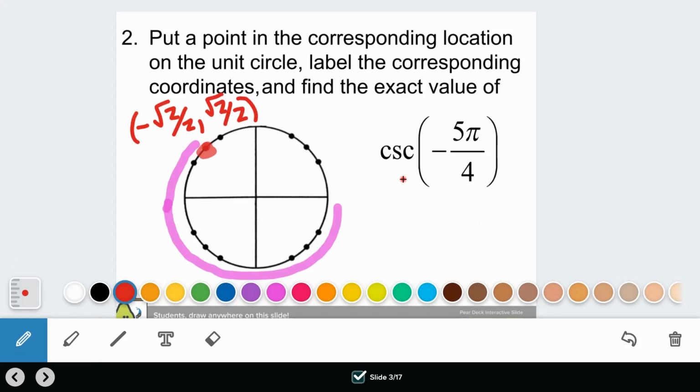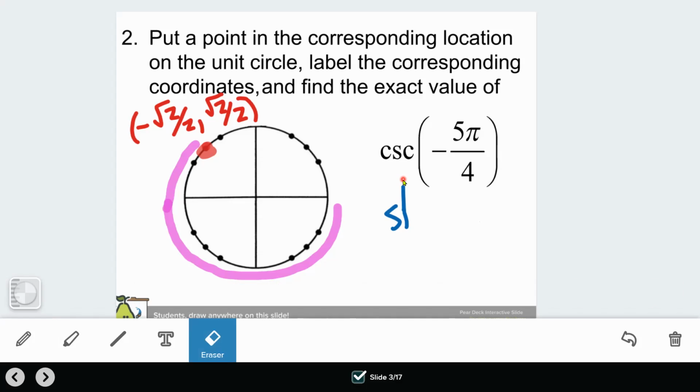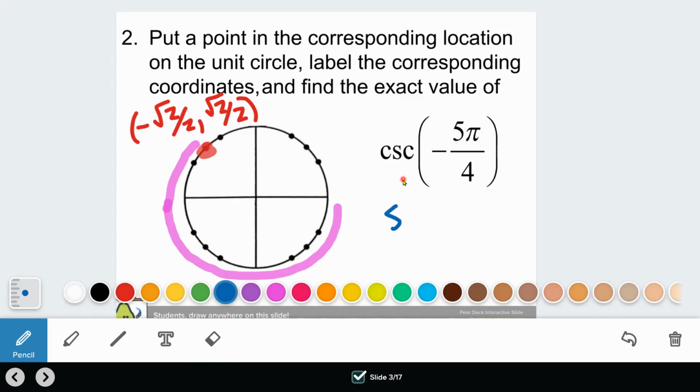Now, the reciprocal of a cosecant, remember, C doesn't go with C, S doesn't go with S. So since this is a C, the reciprocal is going to be sine. So we basically want sine of -5 pi fourths, and then we're going to take the reciprocal of that. The sine of -5 pi fourths is going to be √2/2.